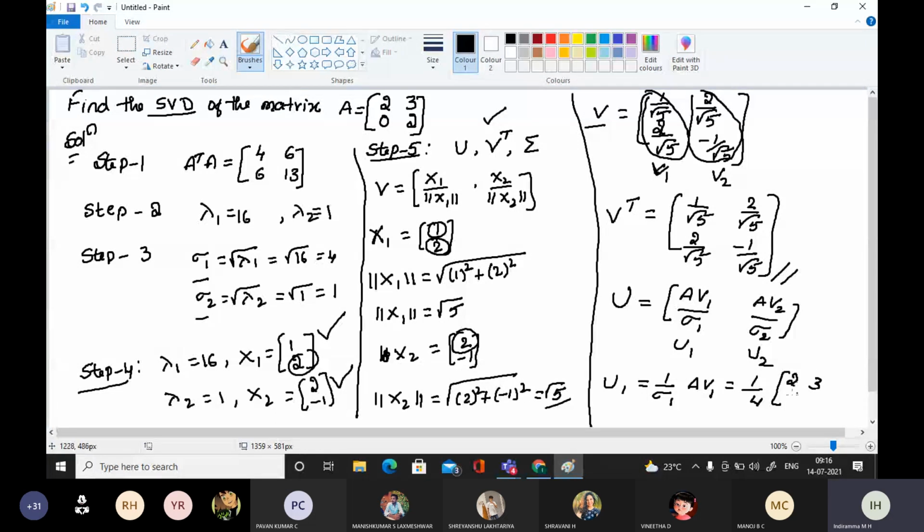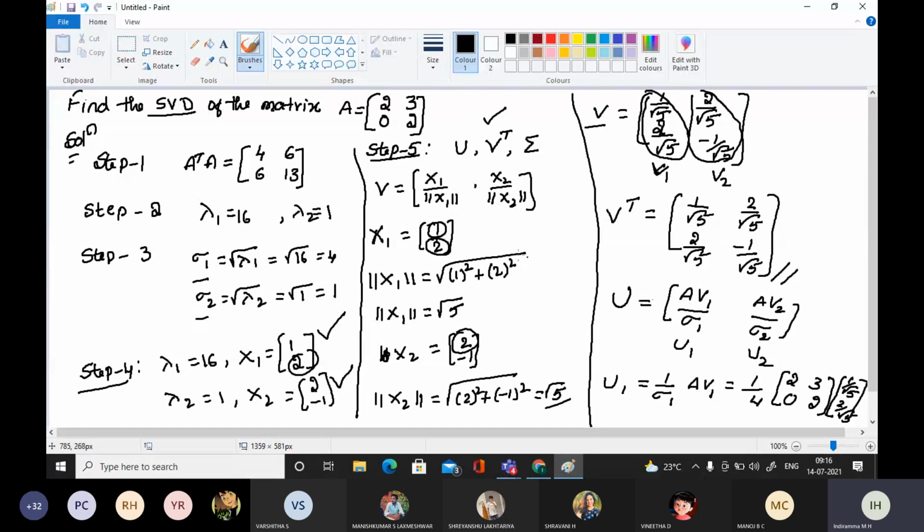The given matrix: 2, 3, 0, 2. And V1 is 1 by root 5, 2 by root 5. Just remember this. I will go to the next page to continue. Is there any doubt up to here?